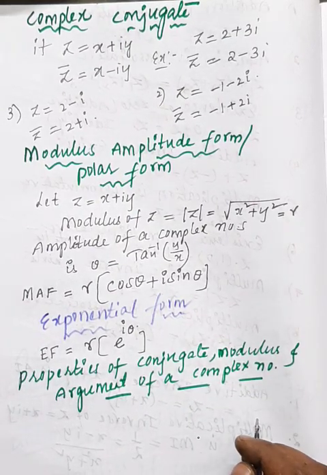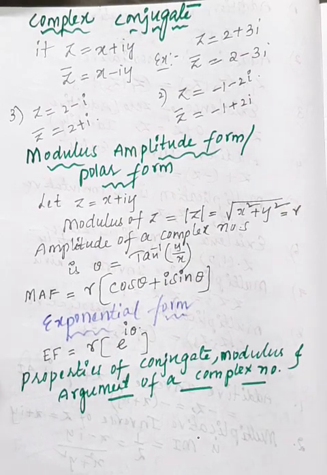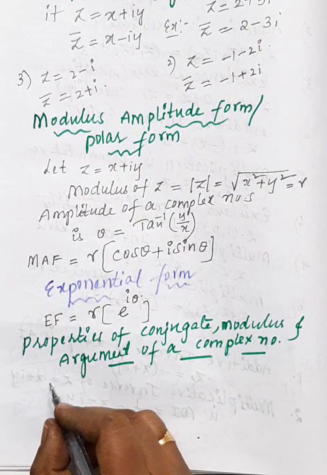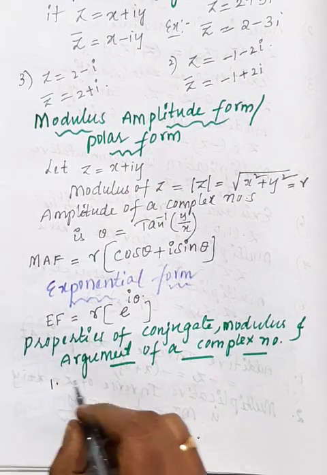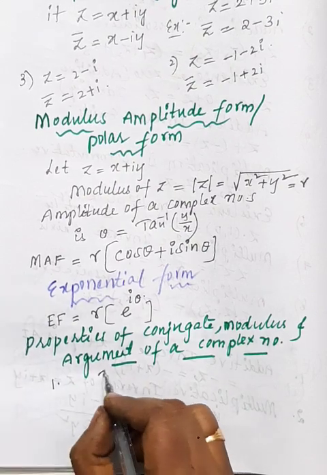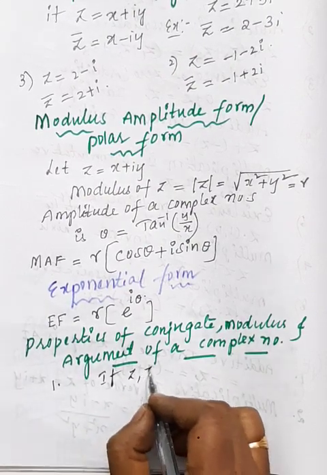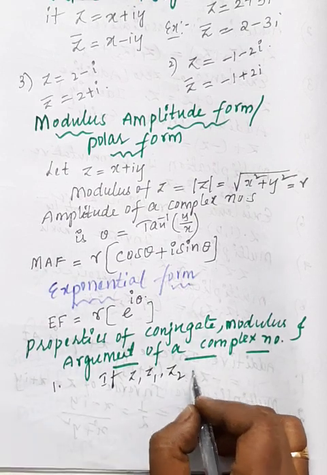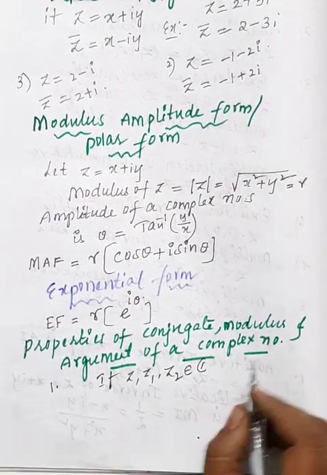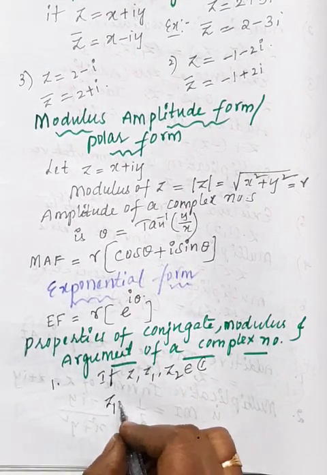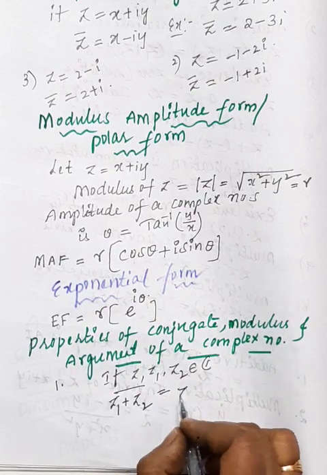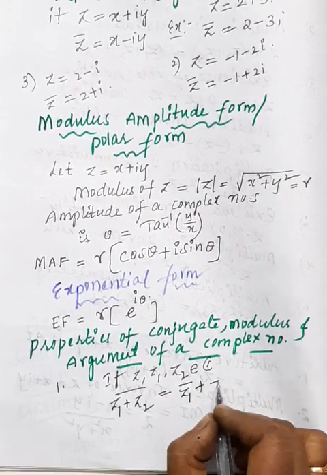So if z, z1, z2 belong to the complex numbers set, then our first property is: z1 plus z2 whole bar is equal to z1 bar plus z2 bar.